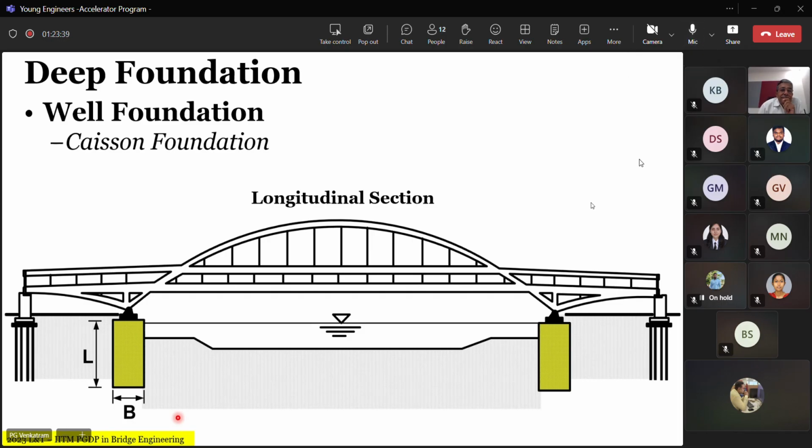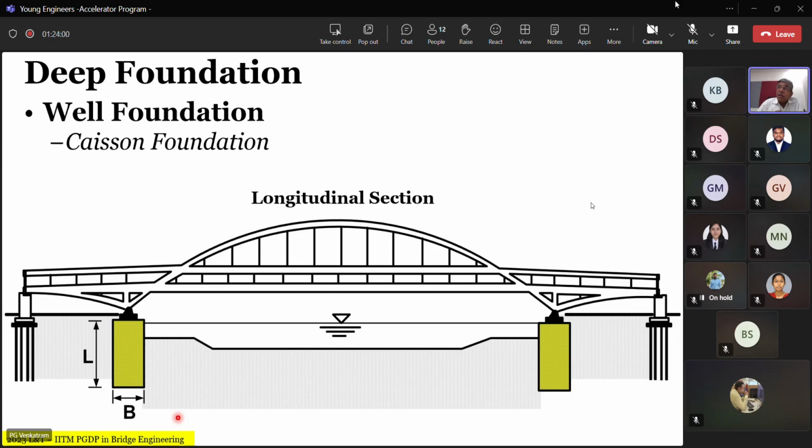Why? Why 2B? Okay, so what you mean to say is, remember a well foundation is a deep foundation.